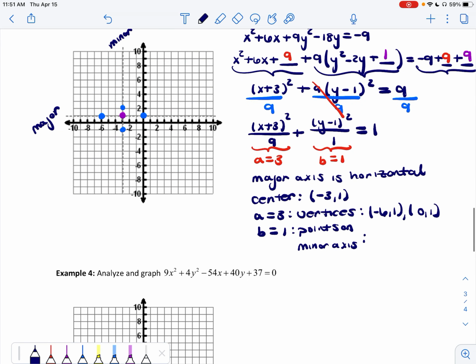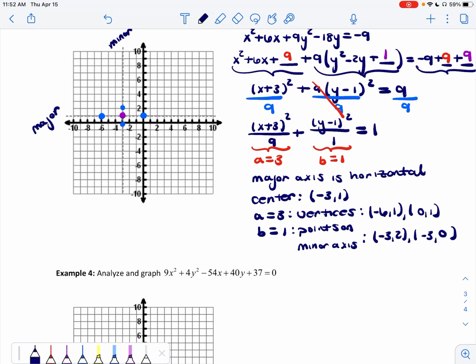We'll get our points on the minor axis at (-3, 2) and (-3, -1). Oops, nope, it's a lie. Sorry, I counted wrong. (-3, 0). Sorry about that.